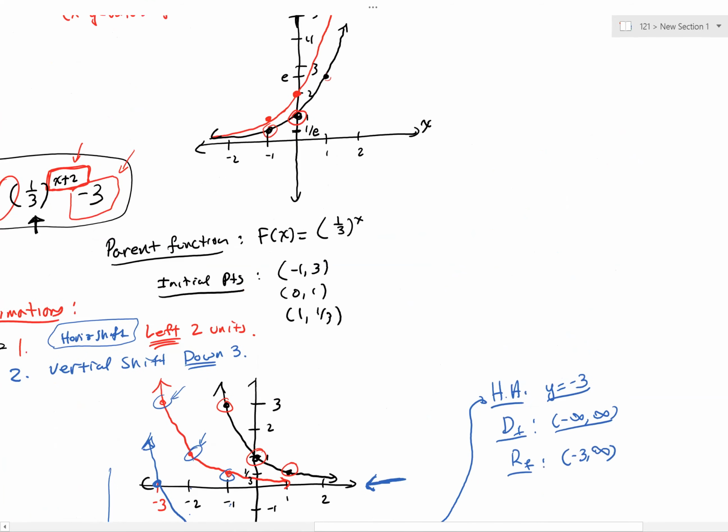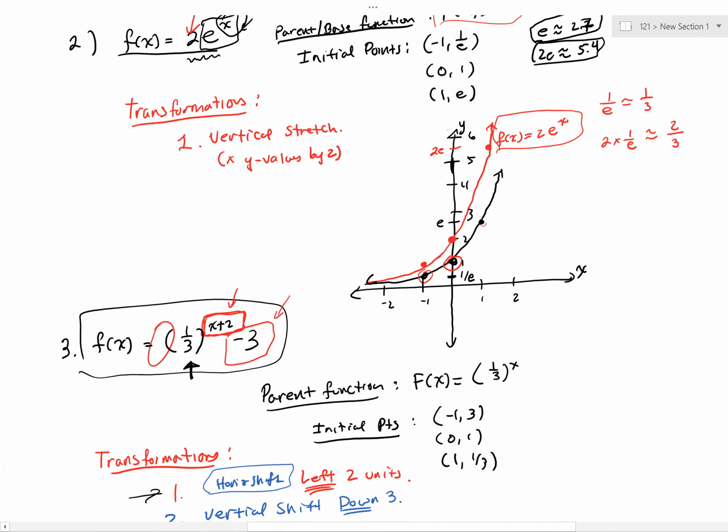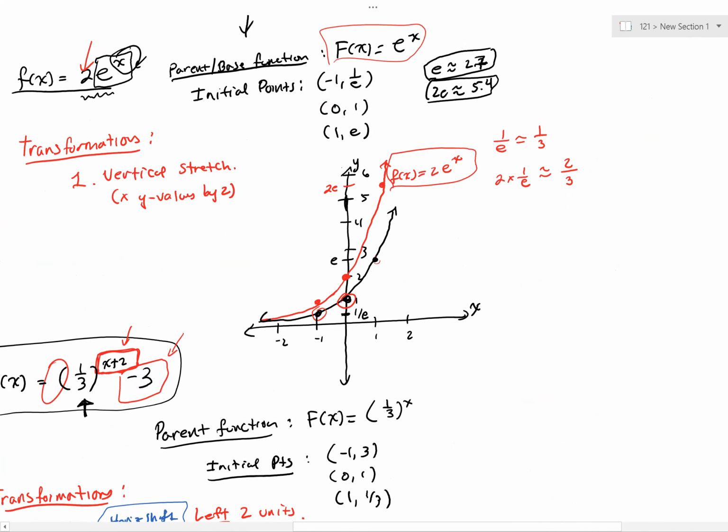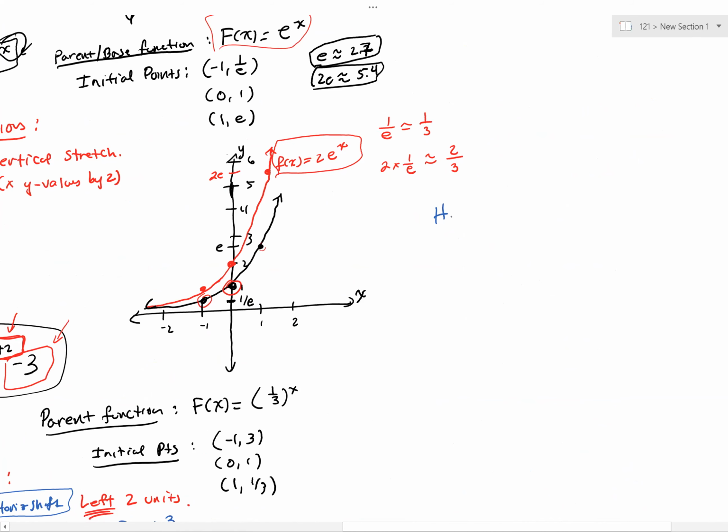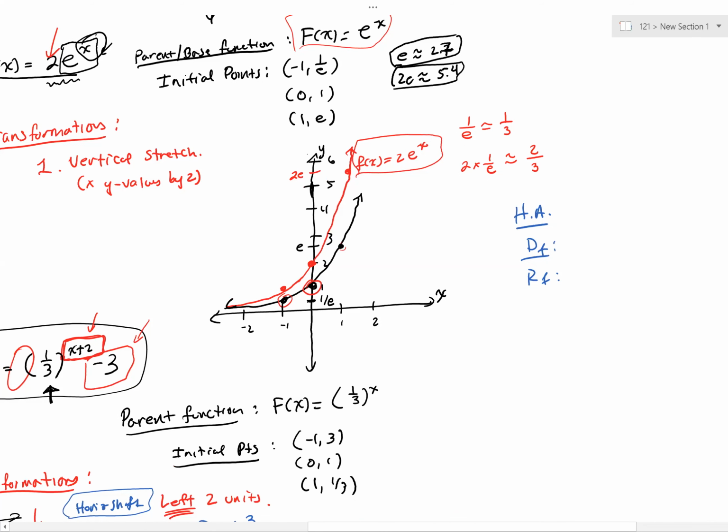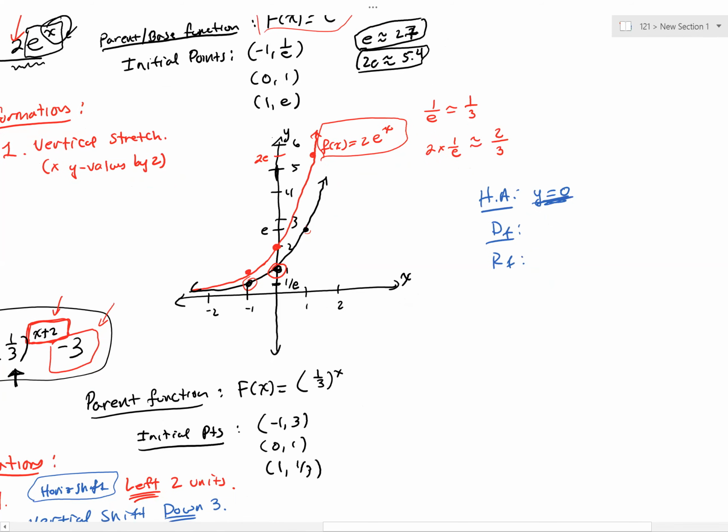Finally, let's look at, oh, this is number 2, it's not finally. Number 2, so let's look at the horizontal asymptote, the domain of f, and the range of f. Because there was no vertical shift, the horizontal asymptote did not change. It's still y equals 0. It's going to approach it maybe twice as slow or somewhere thereabouts, but it's still going to approach the x-axis as x goes to negative infinity.